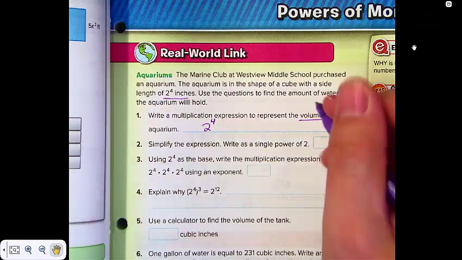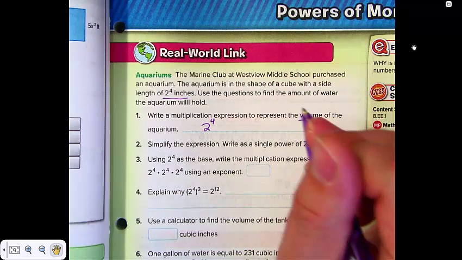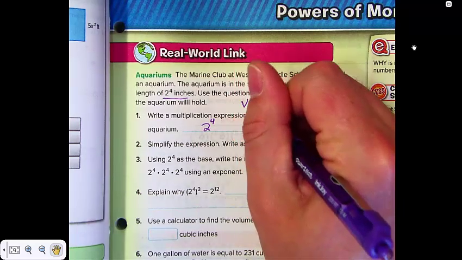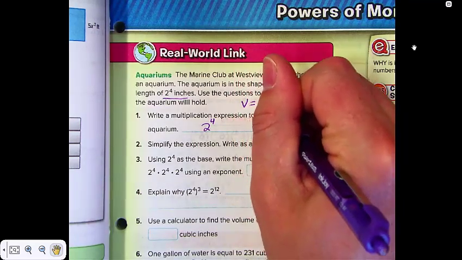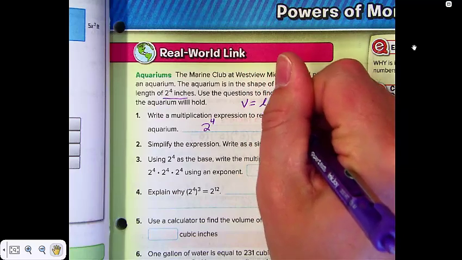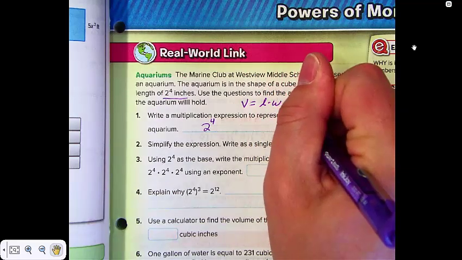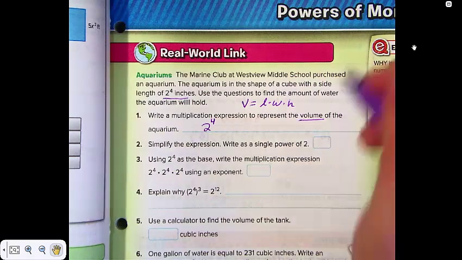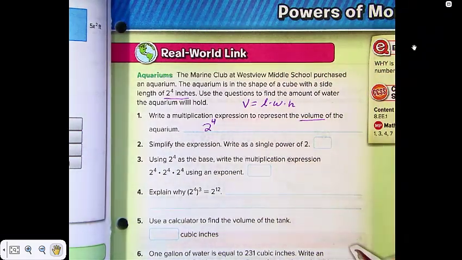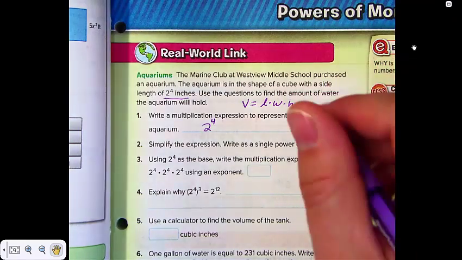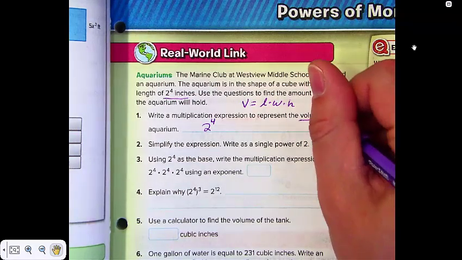So to find the volume of a cube, we can use the formula V equals length times width times height, which is sometimes used for a rectangular prism, which a cube is, but a cube has a very special formula because all 3 sides are the same.